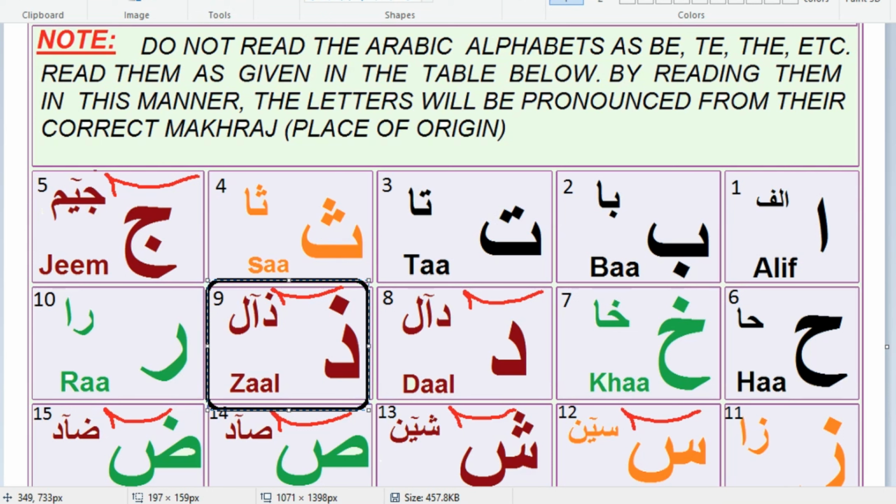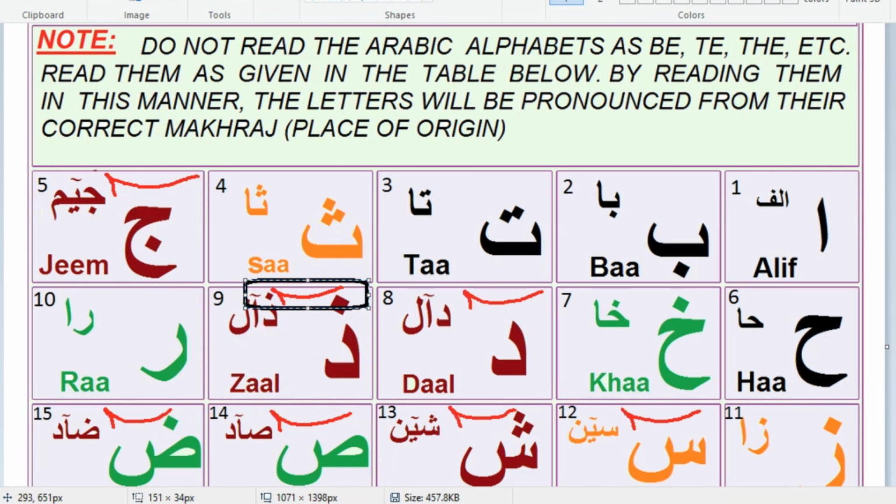Next, the same shape which looks like dal belongs to the same family, dal and zal, okay? But it starts with Z-A-A-L. One more thing, that letter will be read softly. You put the tip of the tongue between the teeth and then say zal. It will also be long for 5 seconds because it has the mud sign, which I told you.